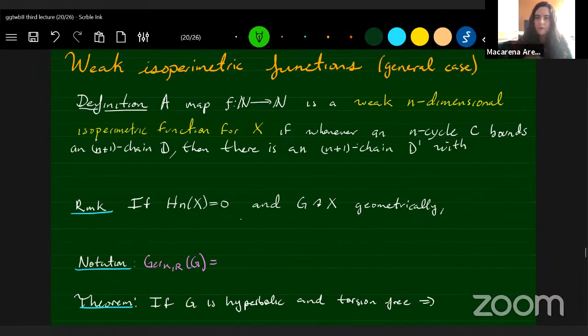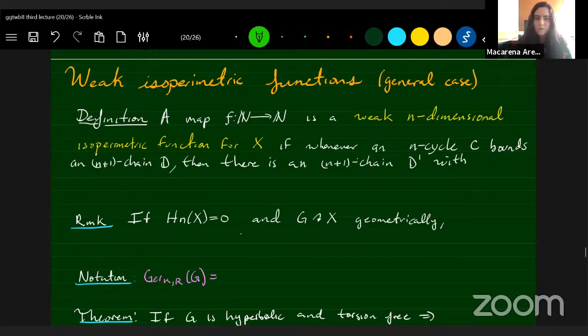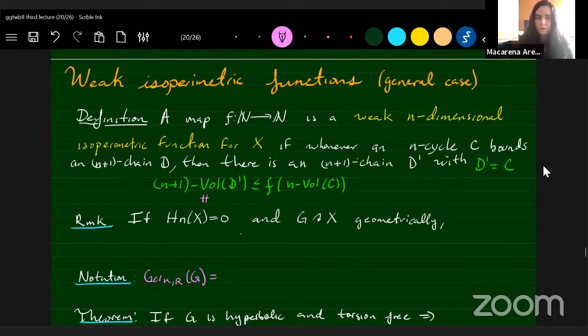So a map f is a weak n-dimensional isoperimetric function if whenever an n cycle C bounds an n+1 chain D, then there is an n+1 chain D prime, whose boundary is again the original n cycle, and so that the n+1 volume of D prime is bounded by the function f evaluated in the n volume of C. I haven't defined these volumes, but this just means the number of cells in the respective dimension.